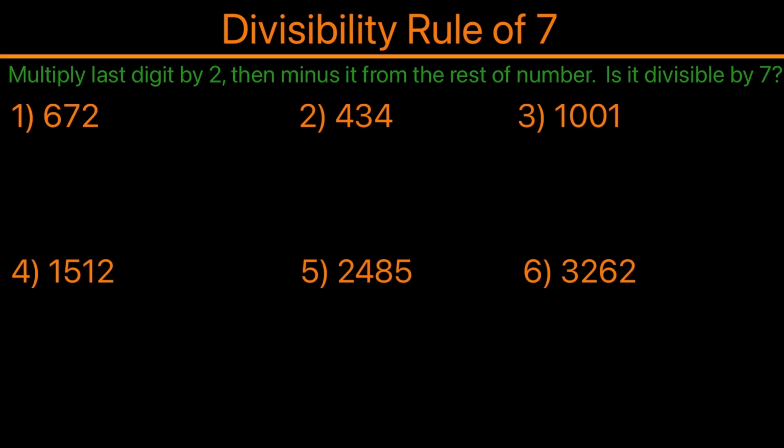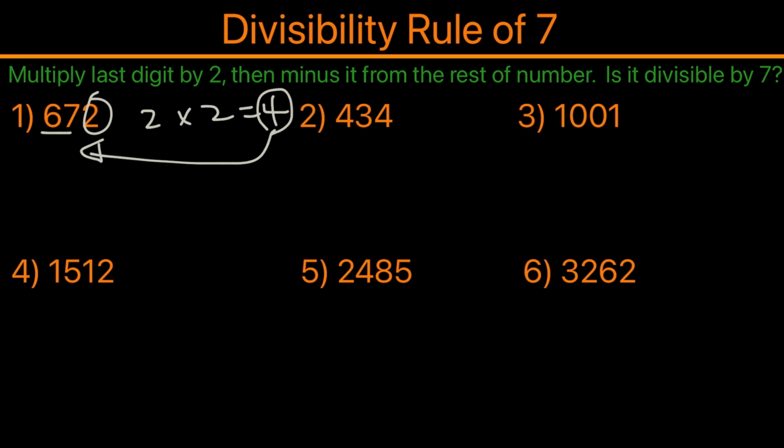For the first example, we have 672. So we're going to look at the last digit, 2, and then multiply by 2. That equals 4. And then we're going to look at the rest of the number, which is 67.